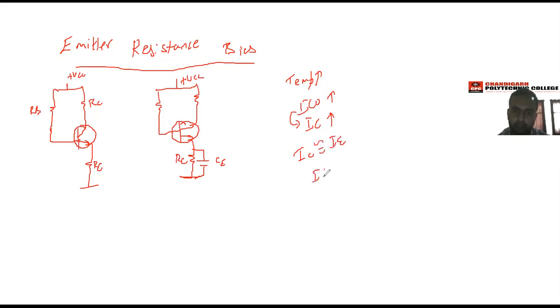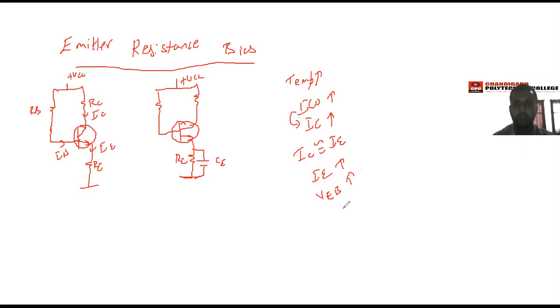So IE also increases. When the IE current flows in emitter, IB current flows in base, IC current flows in collector. When IE current is increased, the voltage drop across RE is increased, named as VEB. The VEB voltage starts increasing.